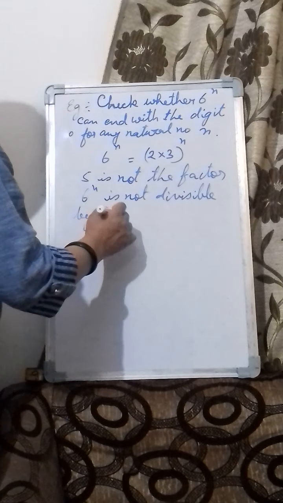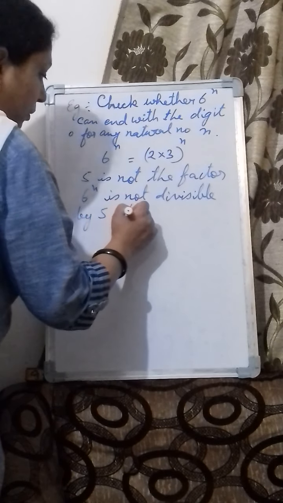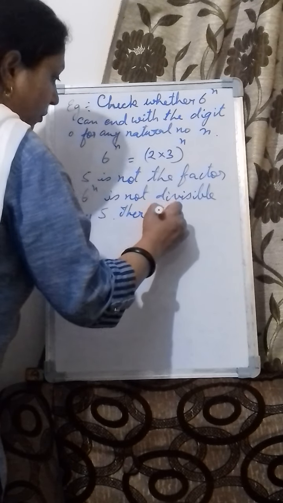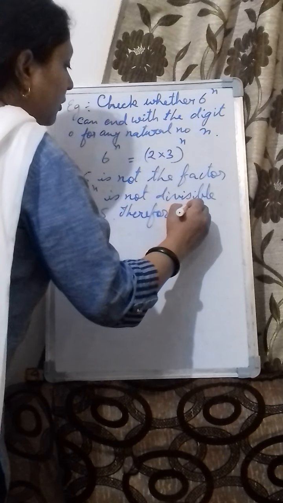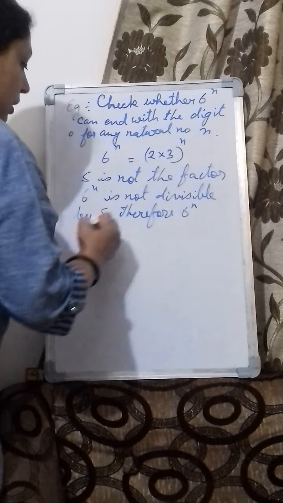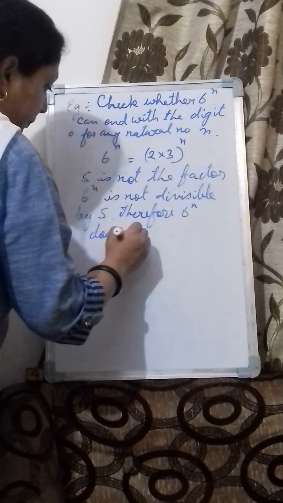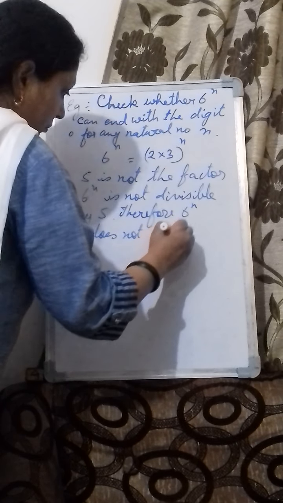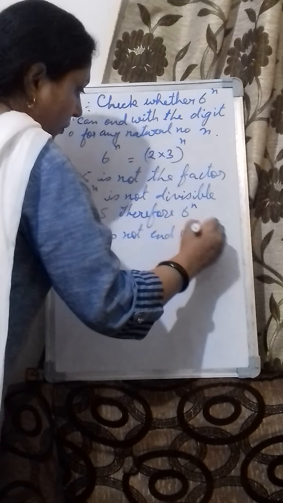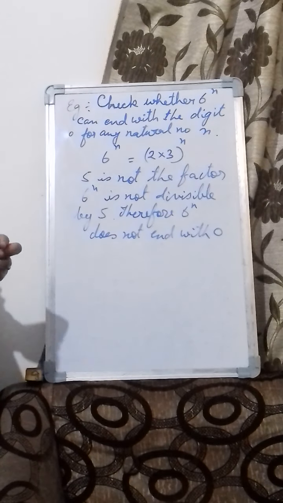So that means we can say that 6 to the power n does not end with the digit 0.